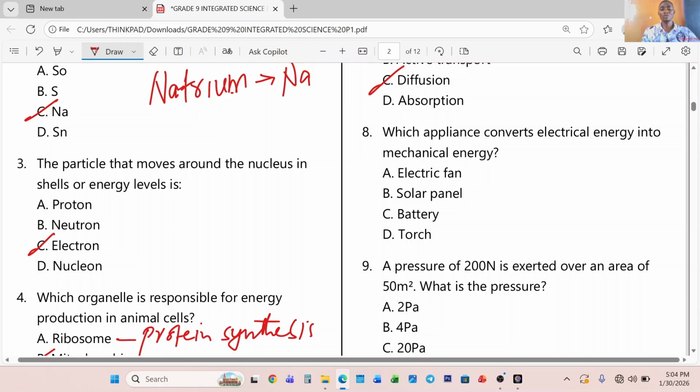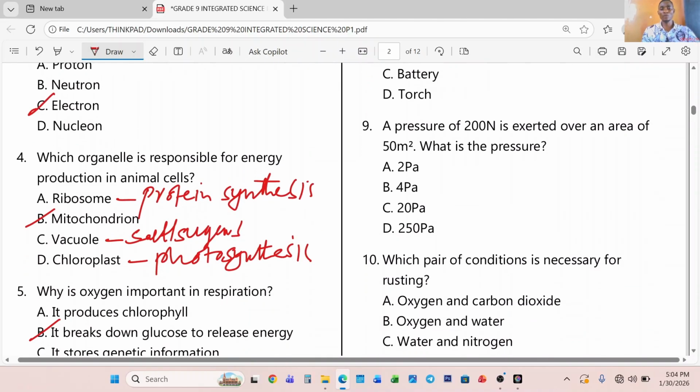Torch, depending on the nature of the torch, it converts electrical to light. So we have electric fan, which converts electrical energy and makes it move around, to rotate. So the correct answer is A, electrical energy to mechanical energy.